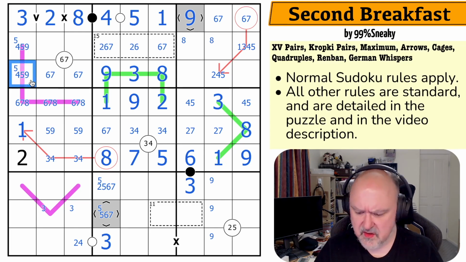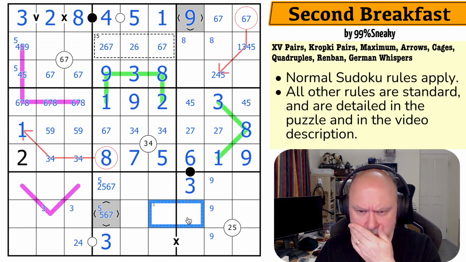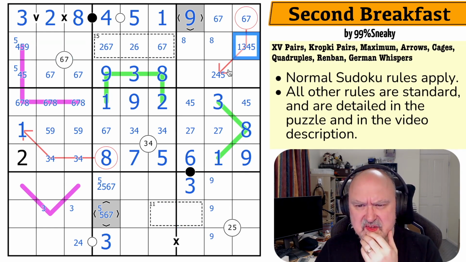This can't be a 9. 9 is in one of those. If this is a 6, it's either 1, 5, which would be 1 and 5, or 2, 4, which would be 2 and 4. Not seeing a problem with that.